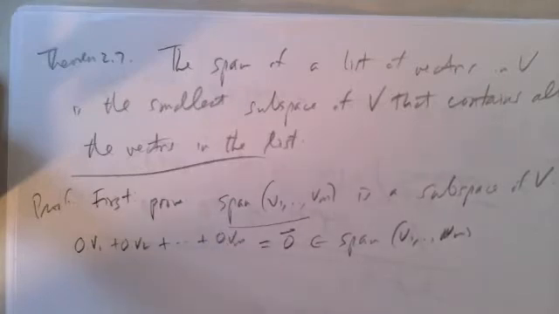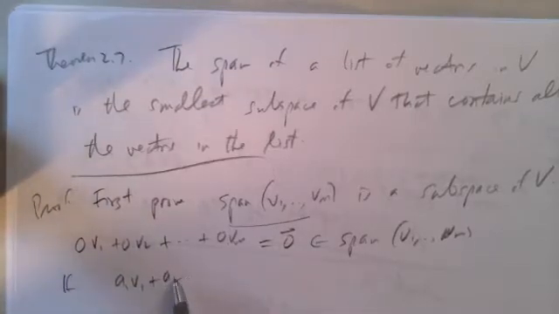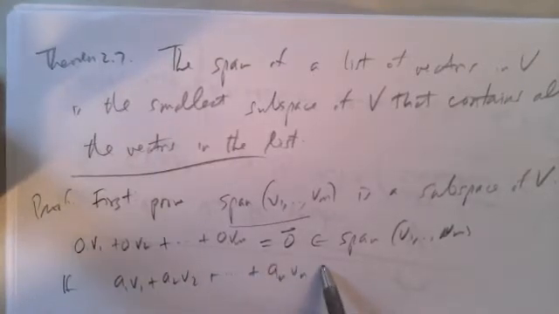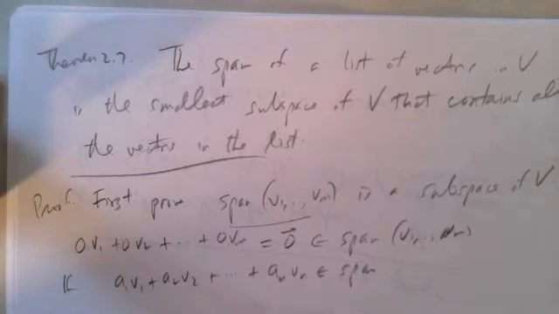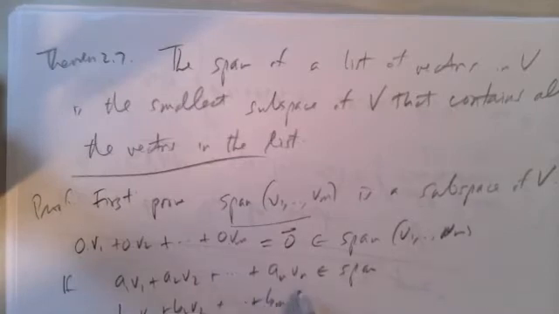I need to show that the span is closed under vector addition. So suppose I have A1 V1 plus A2 V2 up to A sub m V sub m in the span, and B1 V1 plus B2 V2 up to B sub m V sub m in the span.